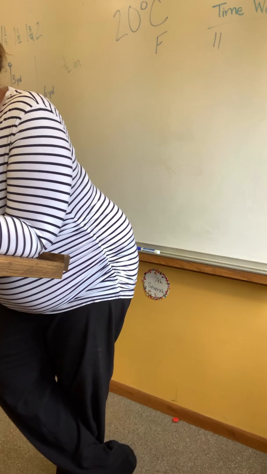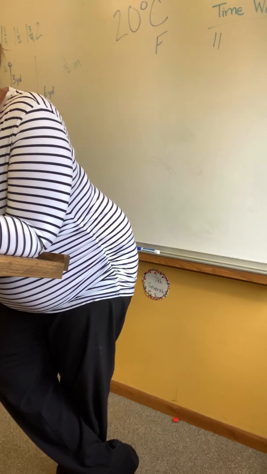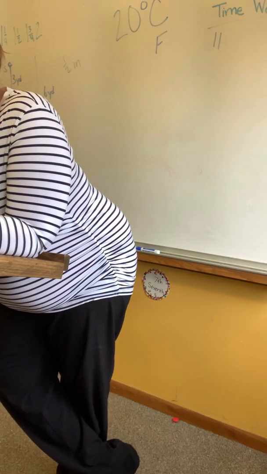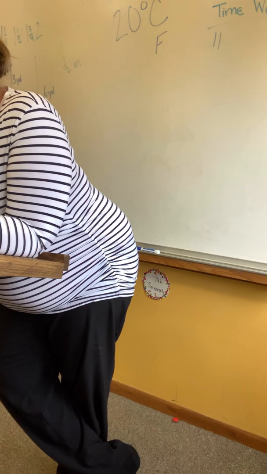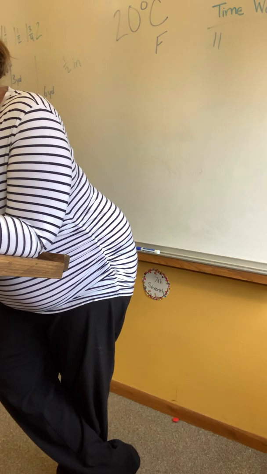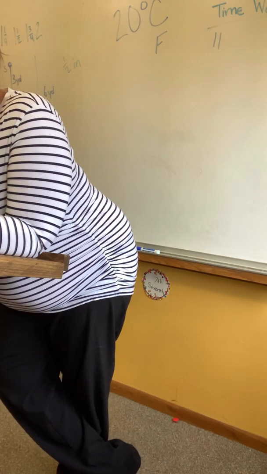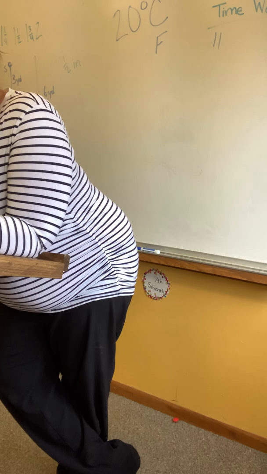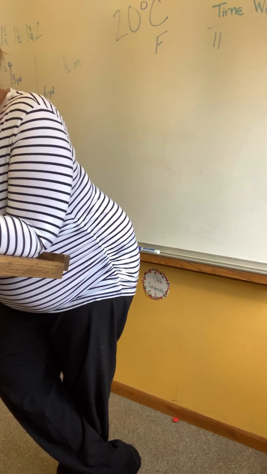Number 3. We're looking for plants with stem tissue. Which one's number 2? B and D. Now we're looking for ones with stem tissue. Can be plants with spores or seeds.